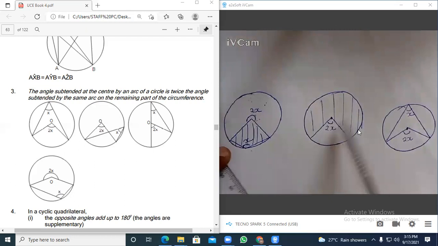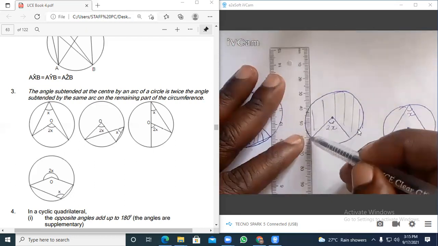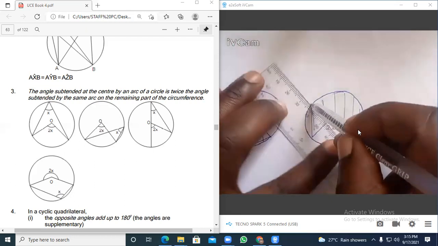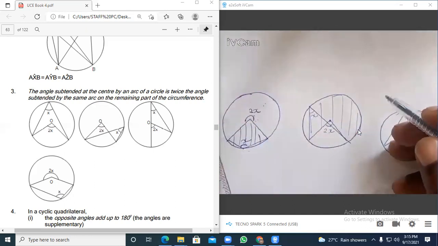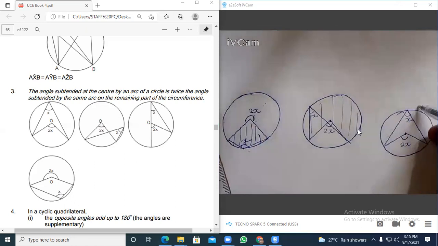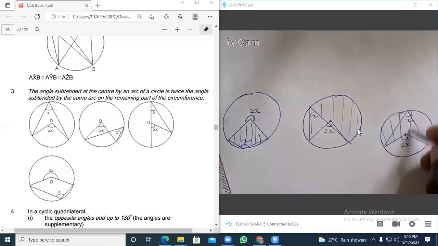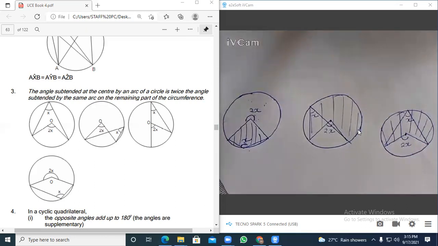So 2x is here, then the angle that you want can be in this portion, can be here, like that, or it can be this side. So if 2x is here, then the other angle should be this other side, not this portion where 2x is. Okay, I think it is clear, members, isn't it?